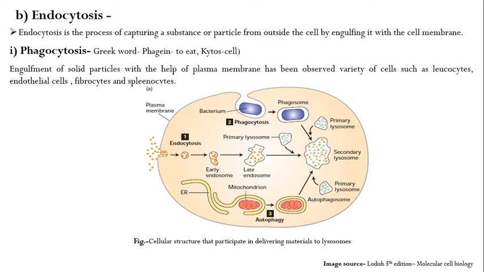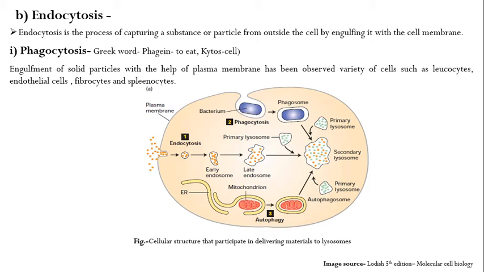See in this diagram, there are points covered. First is endocytosis. In this process there are early endosomes, then late endosomes and secondary lysosomes.